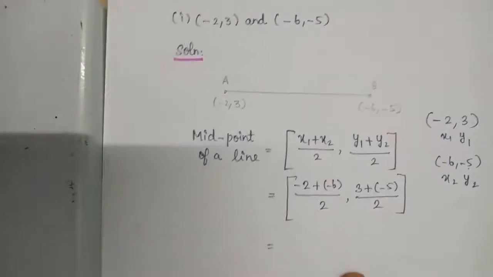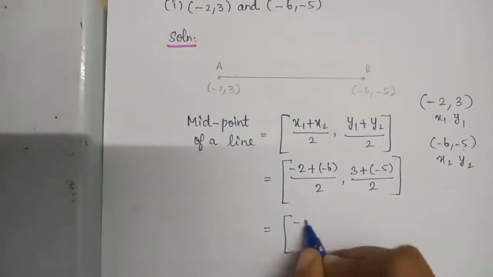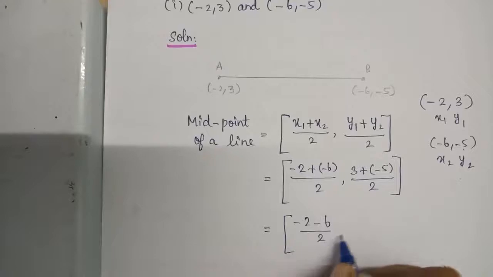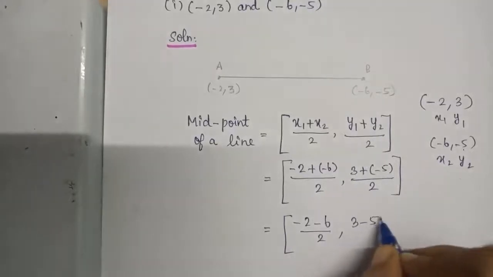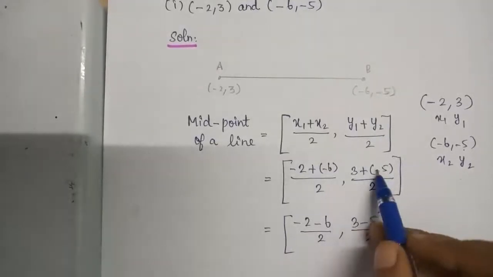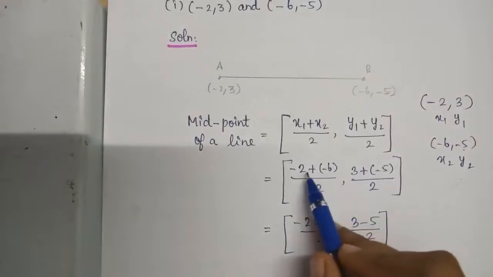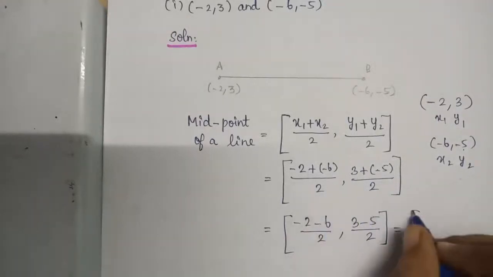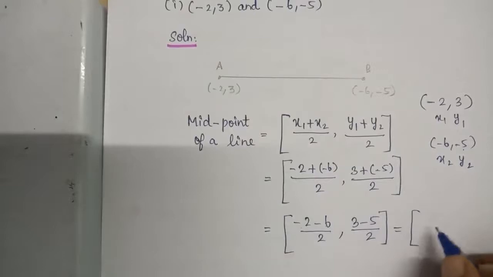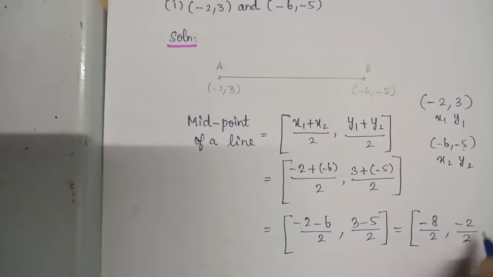Plus into minus is minus. So minus 2 minus 6 is minus 8 by 2 comma 3 minus 5 is minus 2 divided by 2.